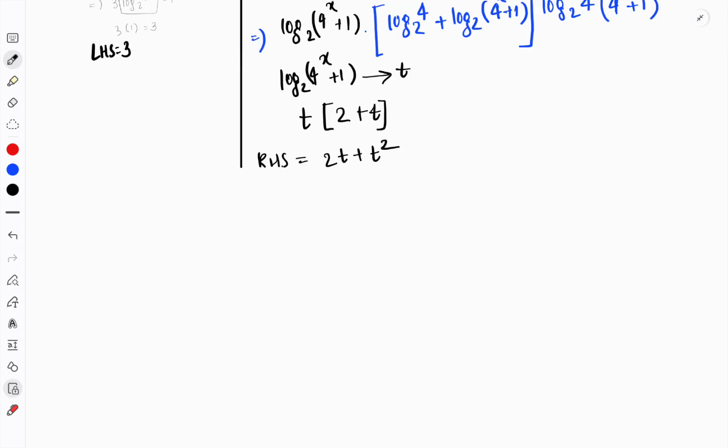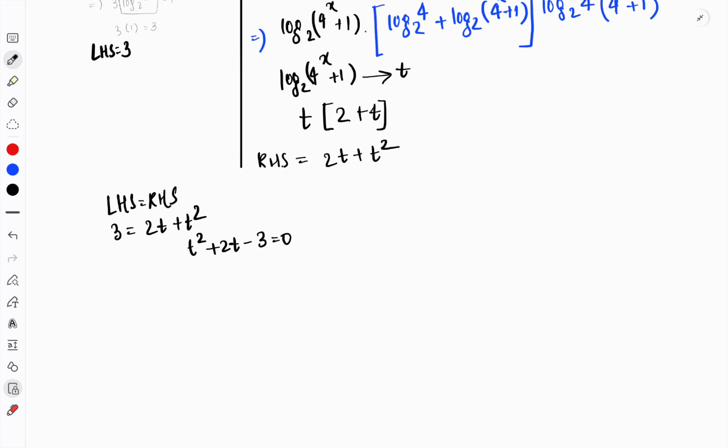Now the best part, LHS is equal to RHS, so we have 3 is equal to 2t plus t square, which means t square plus 2t minus 3 is equal to 0. Let's solve this.